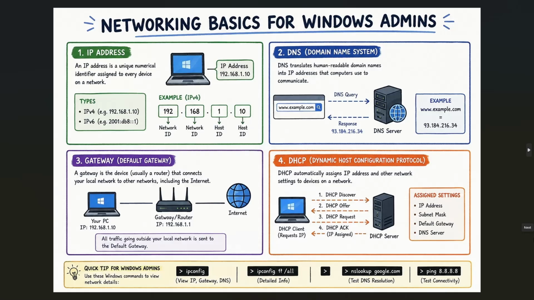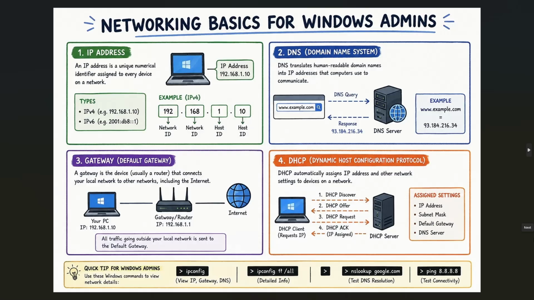So, in any organization, the network infrastructure identifies devices using the IP address. So, let's say you have two devices, the first device is test 1, the second is test 2.